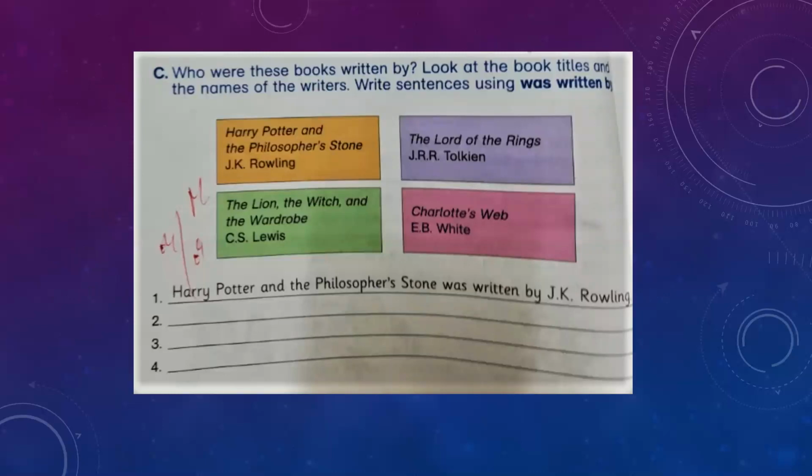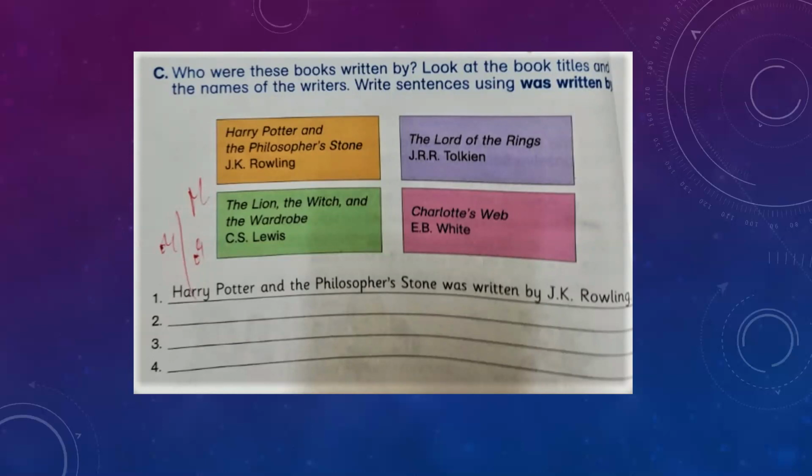Now here you have to write down who these books were written by. The books and their authors are given in the boxes, and you have to make passive sentences by joining the sentence: who wrote these books. Write sentences: was written by.